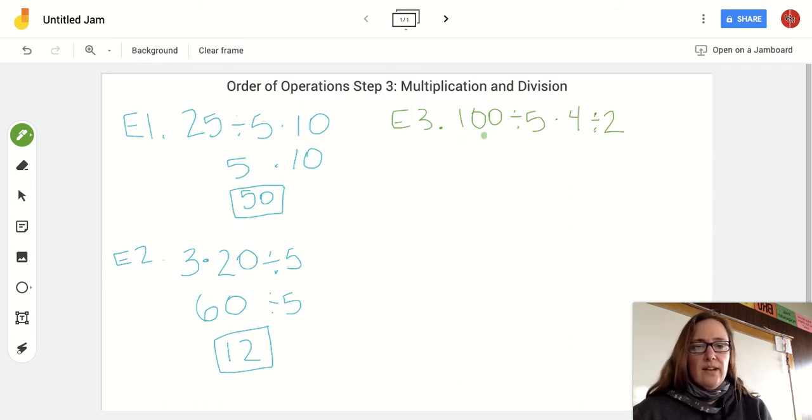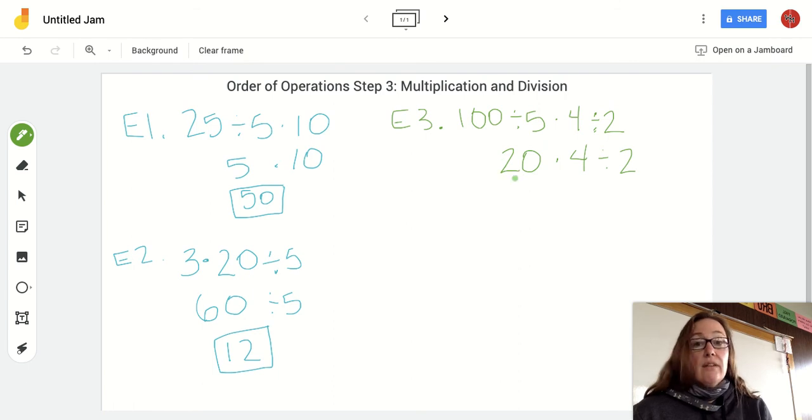So 100 divided by 5, we got to do that. 100 divided by 5 is 20. I remember that fact because there are 20 nickels in a dollar. And then I'm going to rewrite it. It's the rewriting, honestly, really helps out a lot.